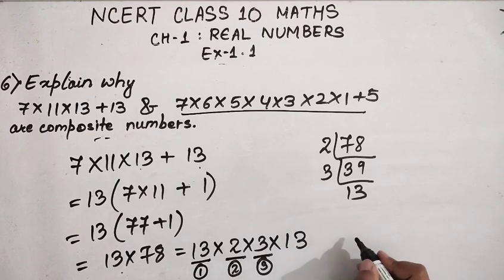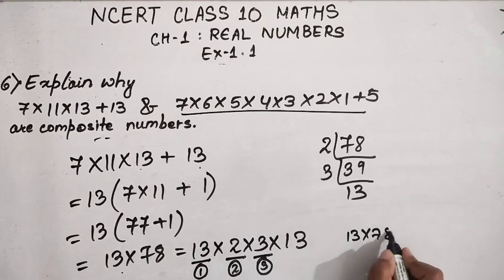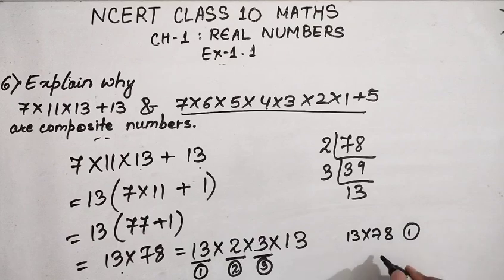What is the number itself? 13 into 78. This is factor number 1. 1 is factor number 2. And we have factor number 3, 13, factor number 4, 2, and factor number 5, 3. So clearly this number has more factors than 1 and the number itself. So this is a composite number.